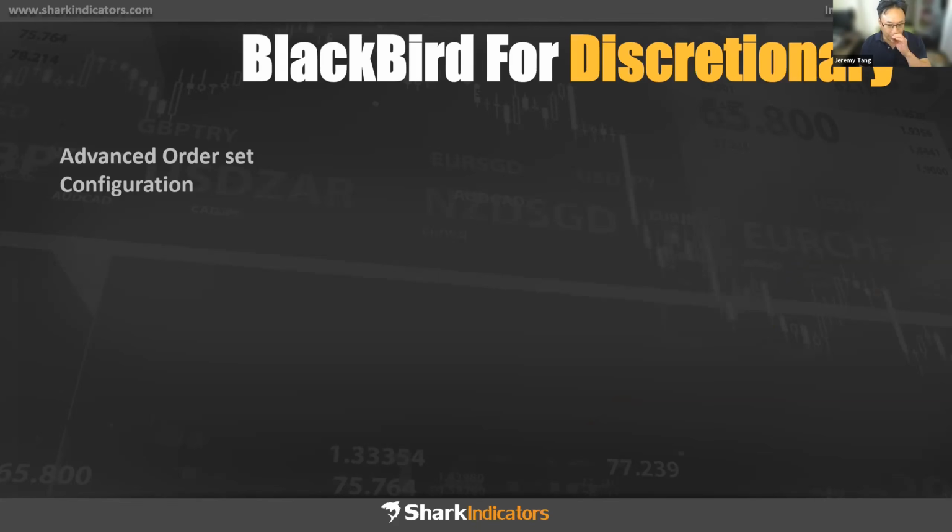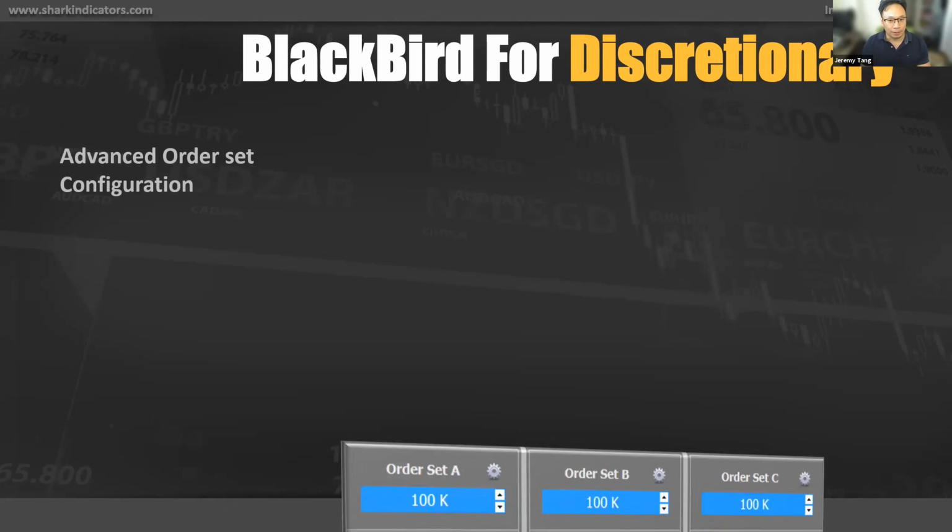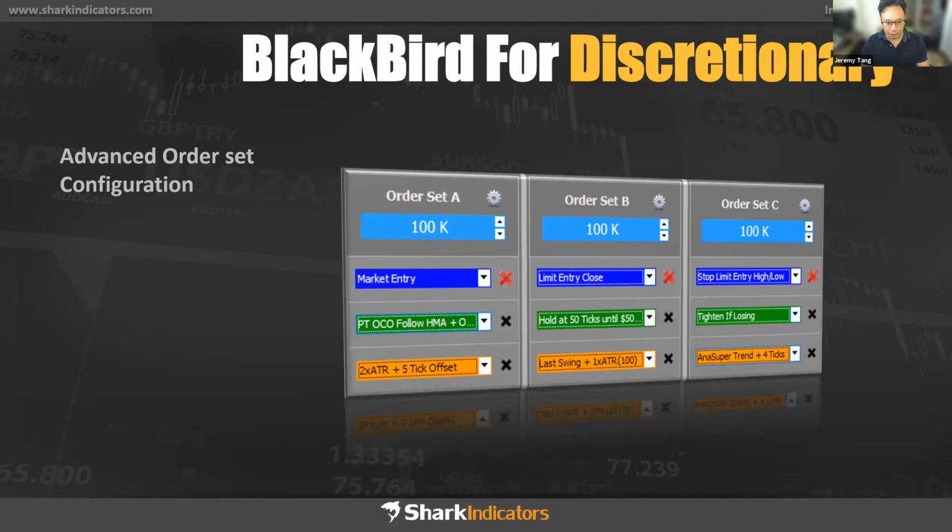So I'm going to give you a little bit of a sneak peek of some of what the interface looks like. Don't worry if you're not absorbing everything. This is not meant to be a tutorial on how to use BlackBird, but more or less I'm just going to show you what it can do.